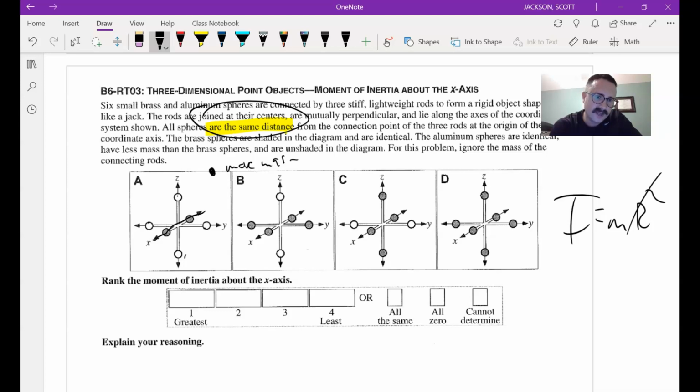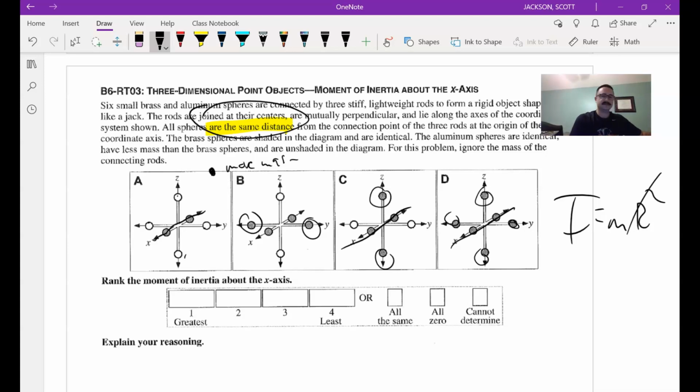These ones are pretty much right at the axis of rotation, so those ones are irrelevant because we're not really rotating about those. They're so close to the axis of rotation that R is 0. Here I have two shaded ones that I would have to spin, and here I have 1, 2, 3, 4 shaded ones that I would have to spin.